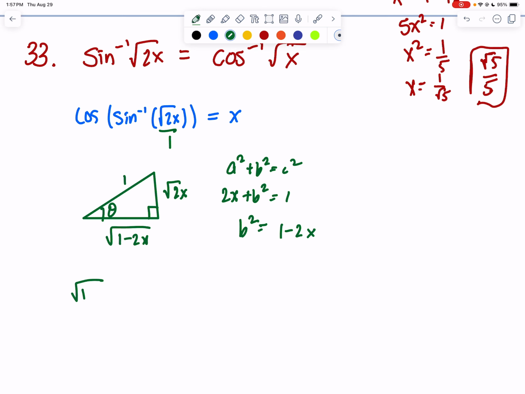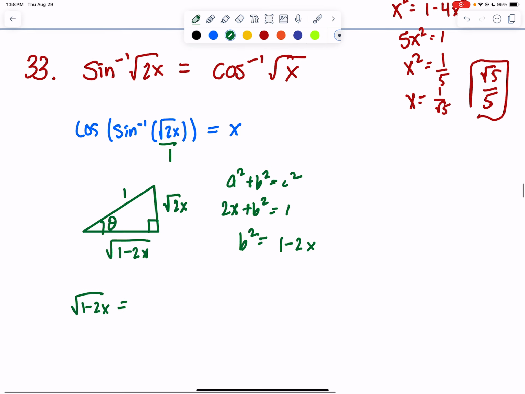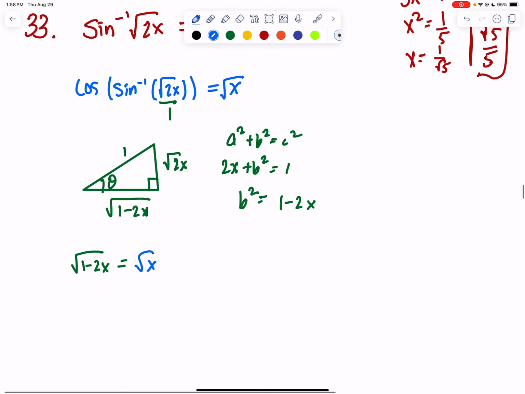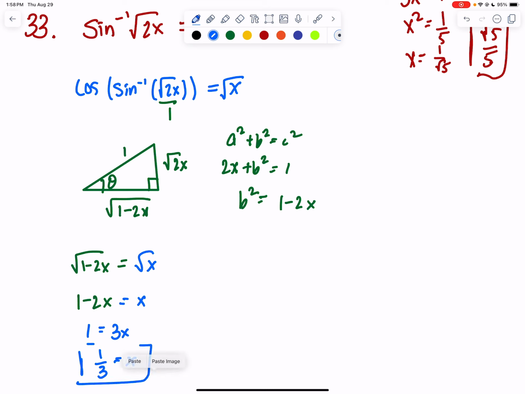So I'm going to get the square root of 1 minus 2x is equal to, well, this right here should actually be square root of x. It's equal to the square root of x. And of course, since they're just radicals, I am just going to go ahead and get rid of them. I'm going to solve it. That's how I get 1/3 for x as my solution.